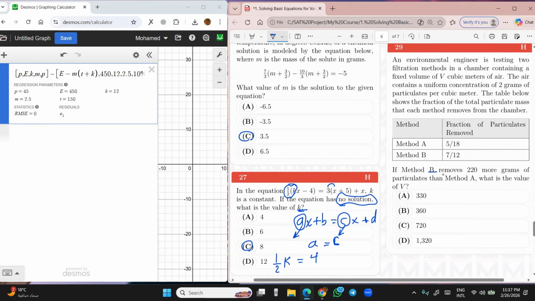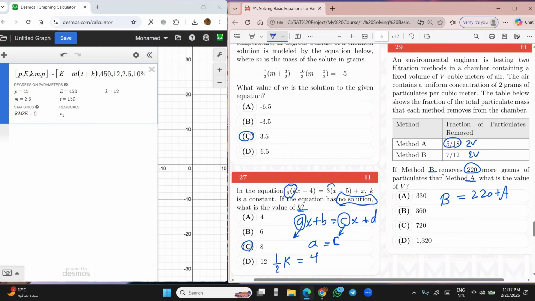If method B removes 220 more grams of particulates than method A, method B removes, because this talks about removing, so no need to consider any subtraction, just write equal. 220 more means 220 plus method A. And B is this times 2V. Sorry, this is A. And this is B times also 2V.